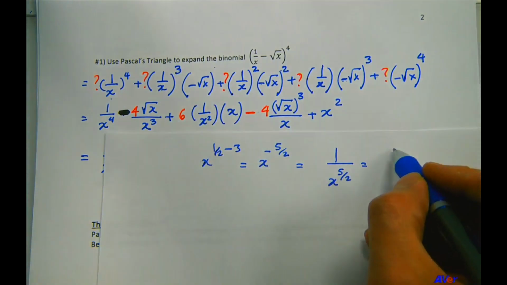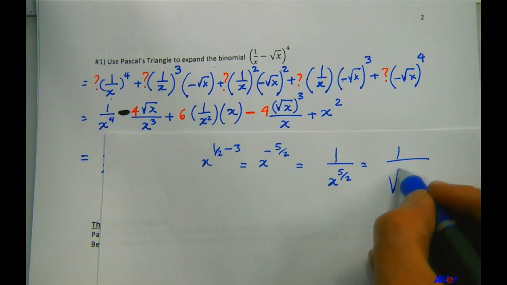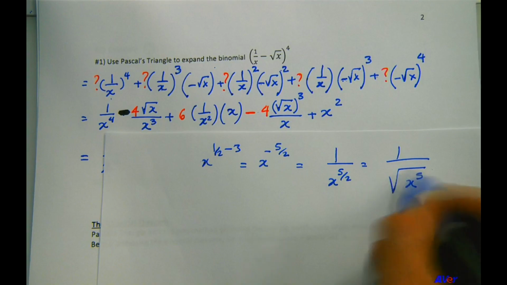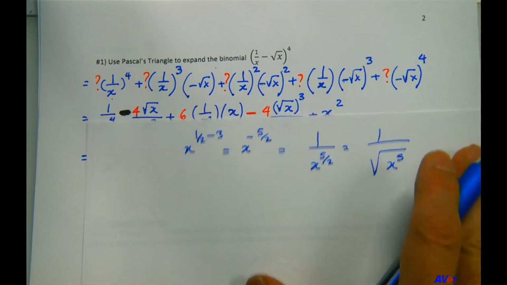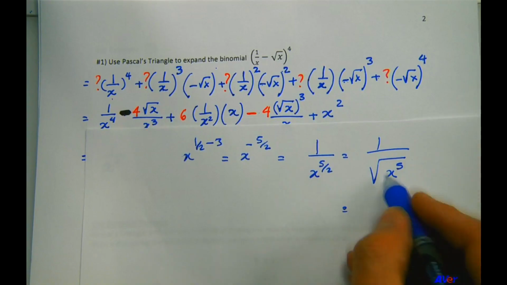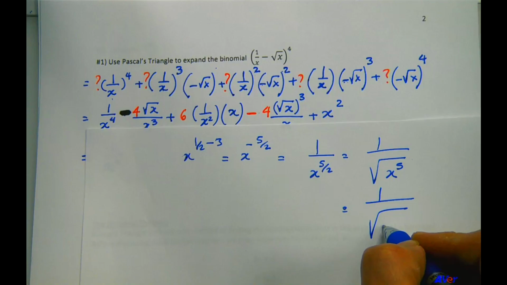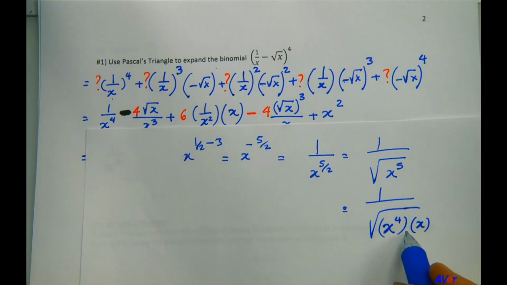So we now have positive, and then rewrite this in radical form, so we have x squared, square root of the fifth power, and simplifying that a little more, we're going to have 1 over a square root of x to the fourth power times x, right? Like that.